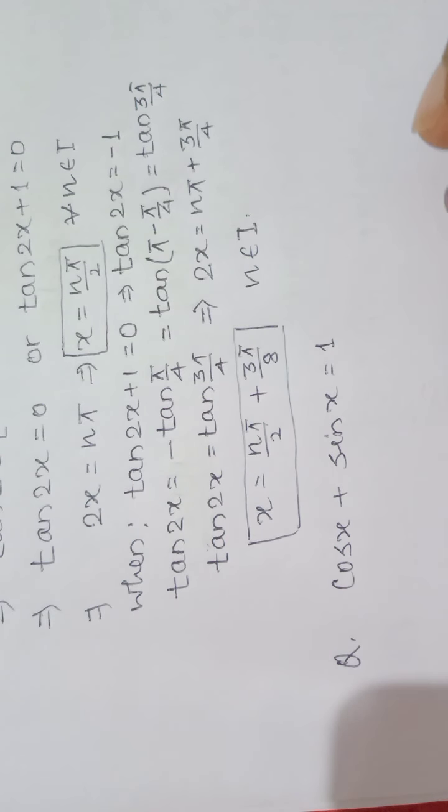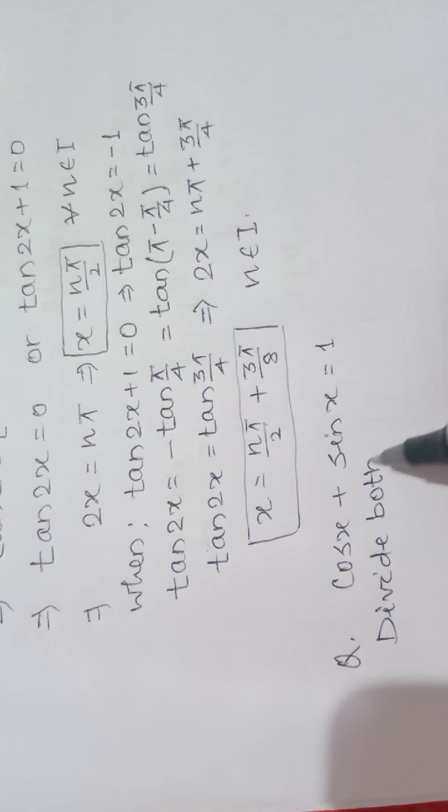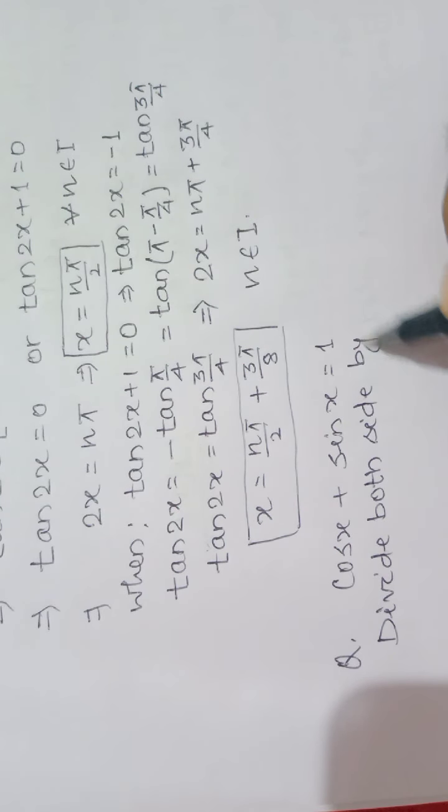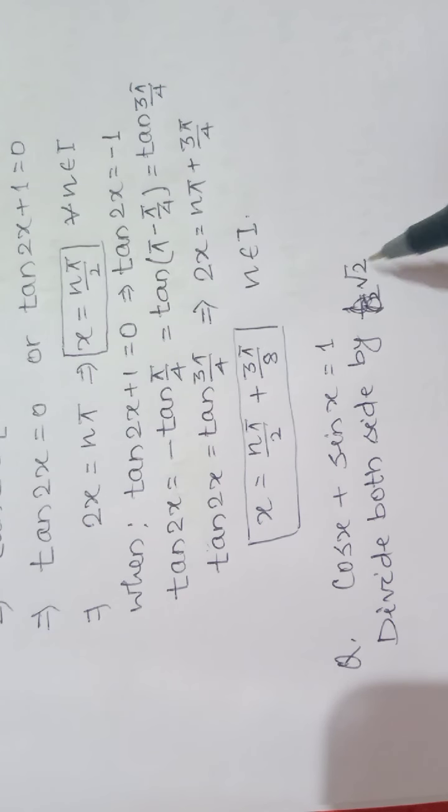In such type of equation, first divide both sides by root 2, or multiply both sides by 1 by root 2.